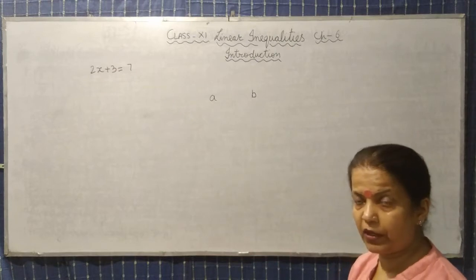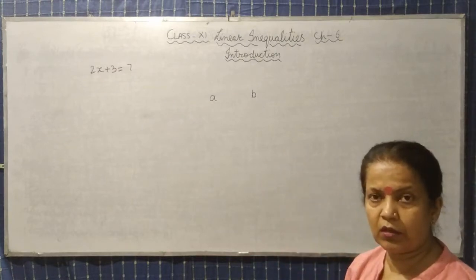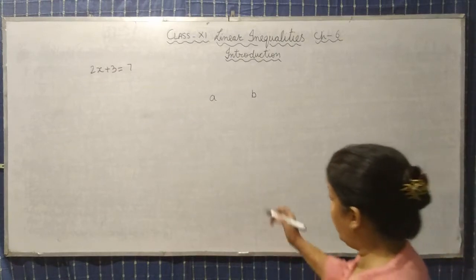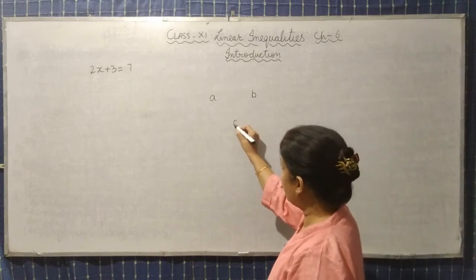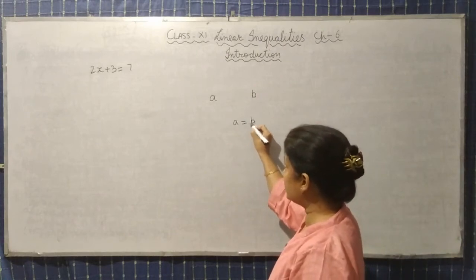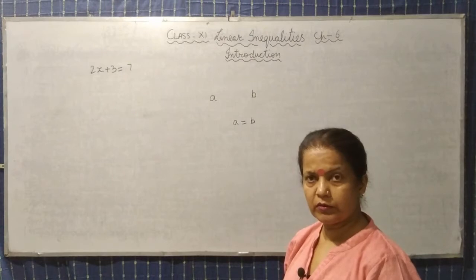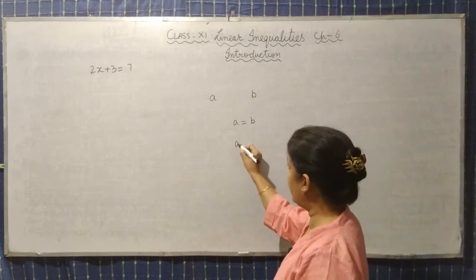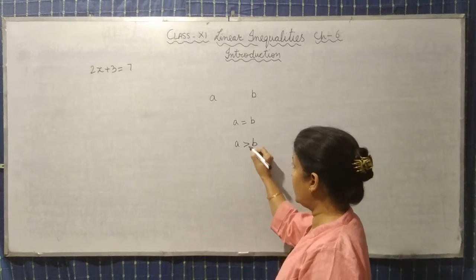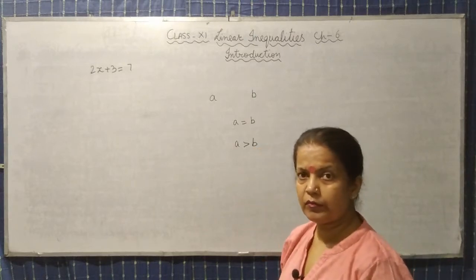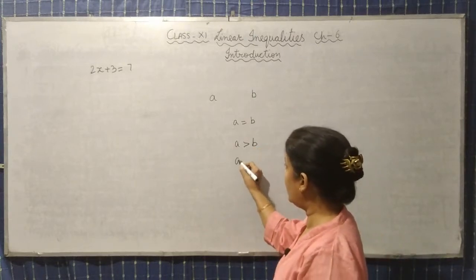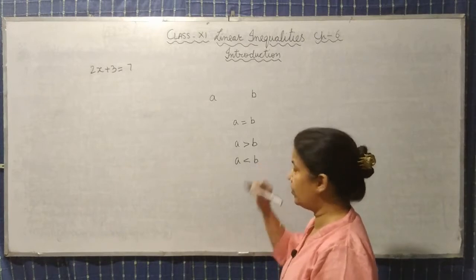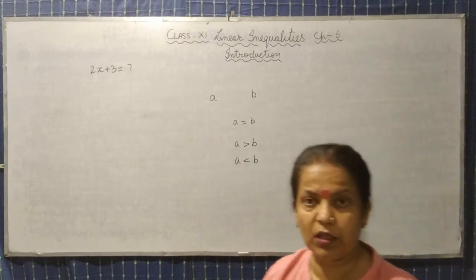How can we compare both the quantities? It means A can be equal to B, isn't it? And how will you compare further? A quantity can be more than B or A quantity it can be less than B.